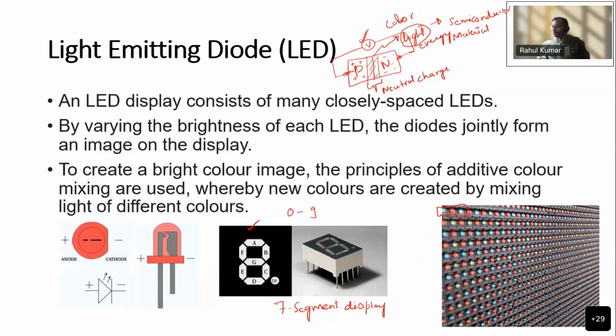Or you can display an image or pictures using an array or combination of these red, blue and green LEDs on the screen. Depending on the intensity of the light, you can produce other colors also on the screen.